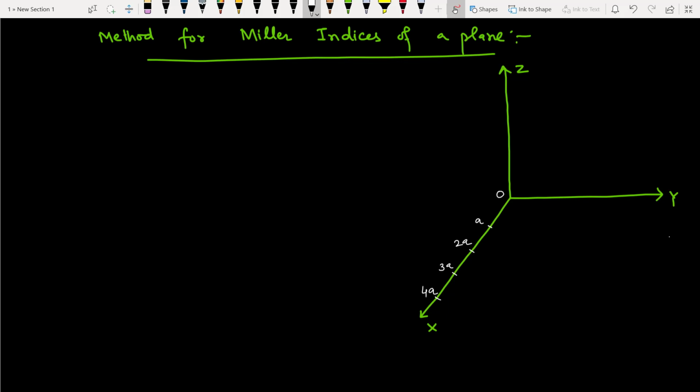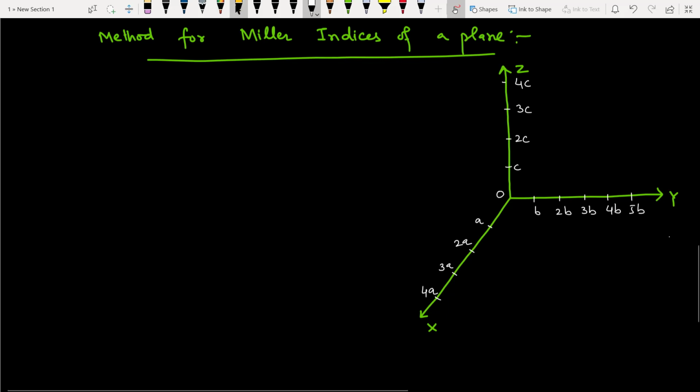These are the primitive unit vectors along the x-axis. Then along the y-axis, B, 2B, 3B, 4B, 5B, and along the z-axis, C, 2C, 3C, 4C.